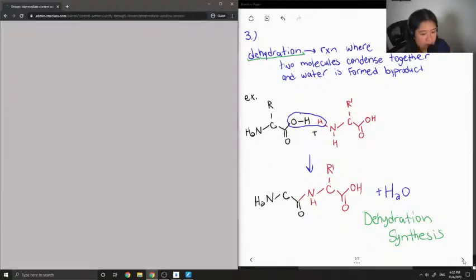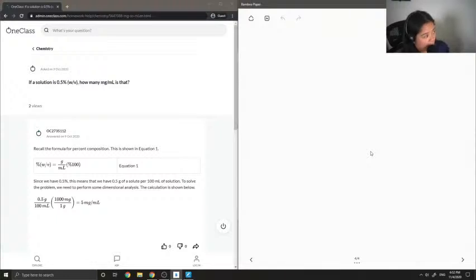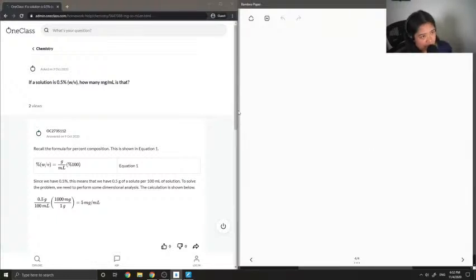Okay, so now let's move on to question number 4. If a solution is 0.5% weight per volume, how many milligrams per milliliter is that? Okay, so let me just write out that this is question number 4.